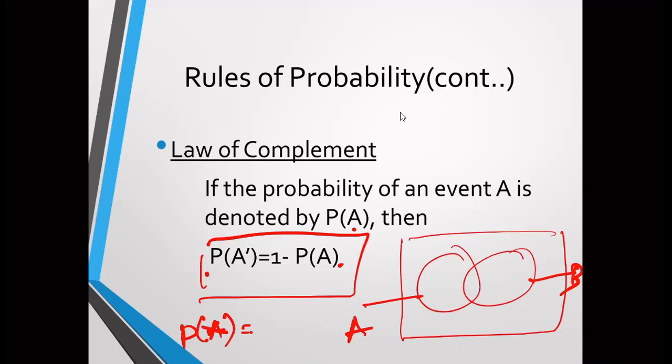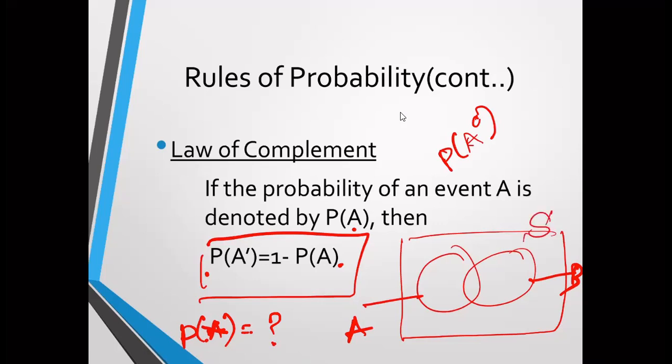Therefore, that probability can be either a fraction, decimal number, or percentage. I will teach you those things later. For now, remember, this PA is a number from 0 to 1. Now we want to find PA dash, or PA complement. So how can we find PA complement?